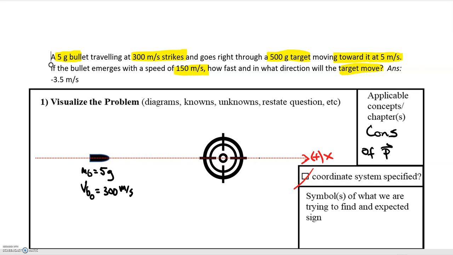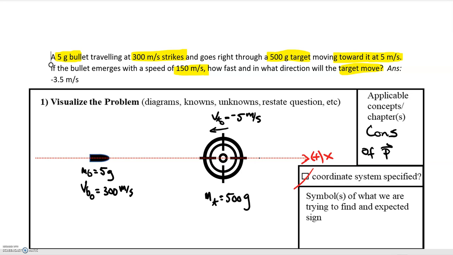For the target, the mass of the target, m_t, is equal to 500 grams. And the initial velocity of the target is moving towards the bullet, so it's going to be moving towards the left. So v_t sub naught is equal to negative 5 meters per second.